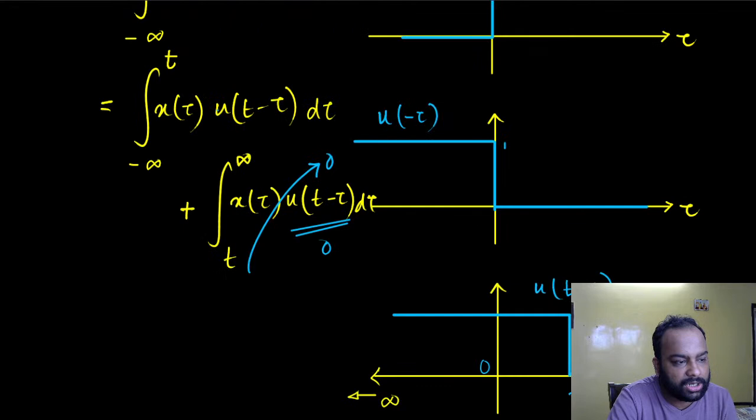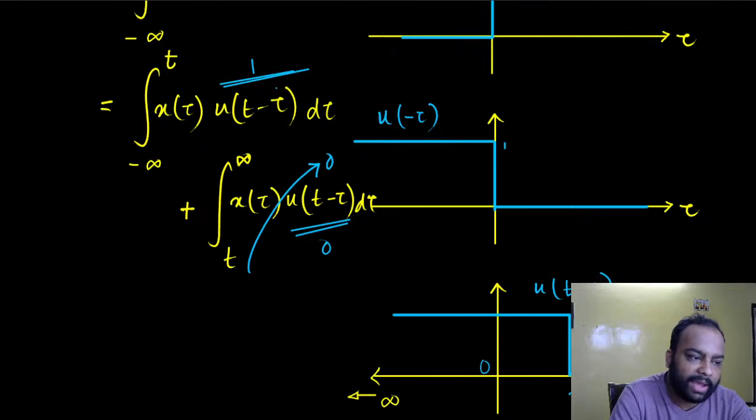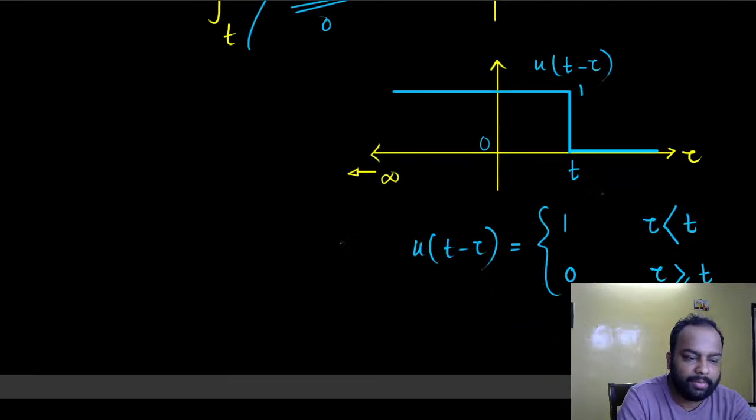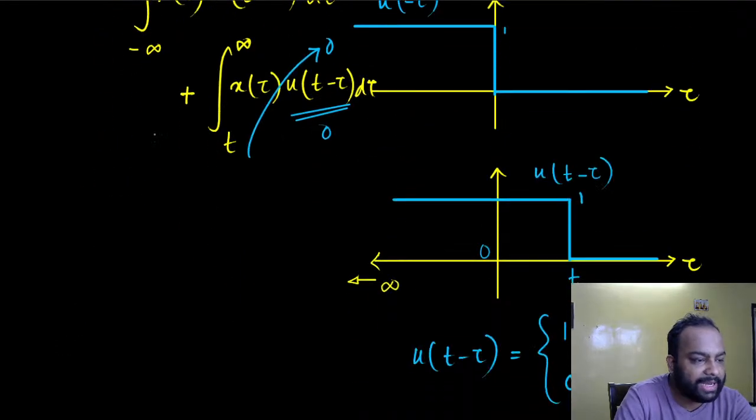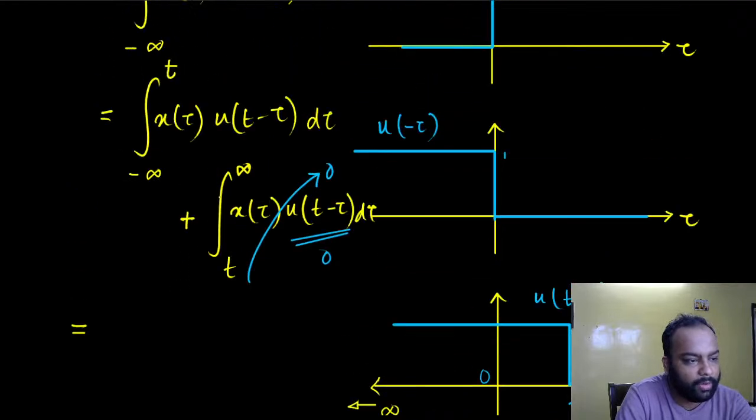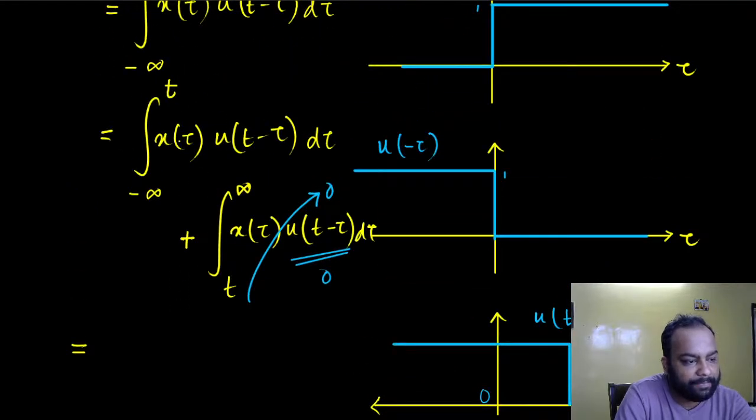And what about this portion? In this portion, u(t − τ) has the value of 1, because of the very definition of u(t − τ). So on the next line, this actually becomes 0, and here this just becomes 1.